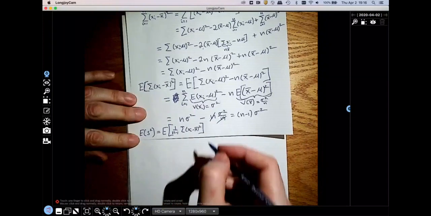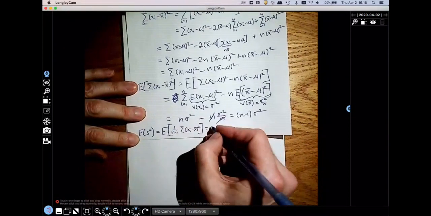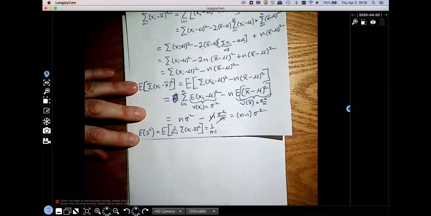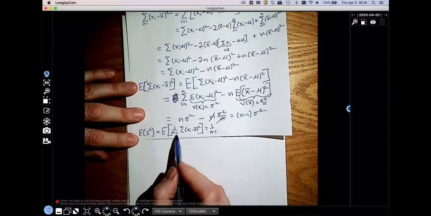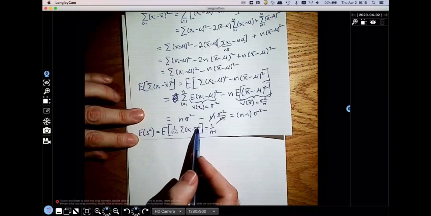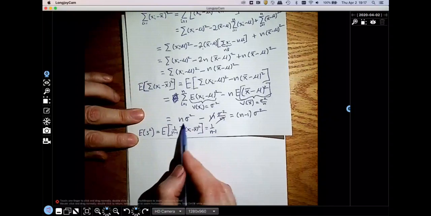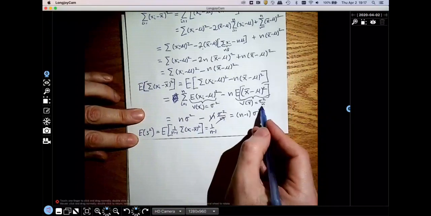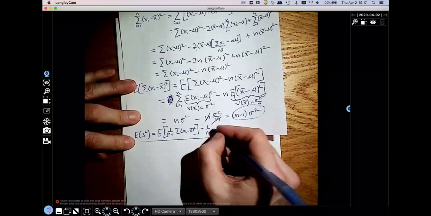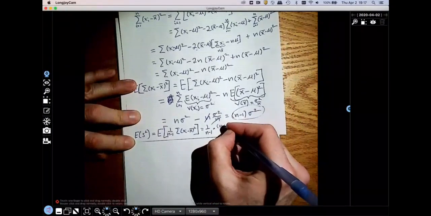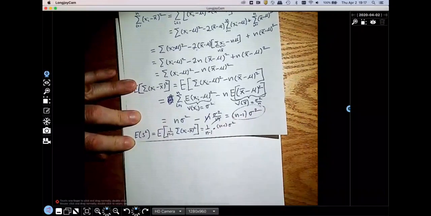But I can pull this constant out. So this is 1 over n minus 1 times the expected value of this thing. Now, what's the expected value of this thing? It's sitting right here. So times n minus 1 sigma squared.